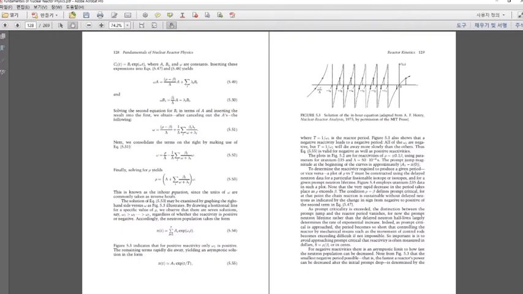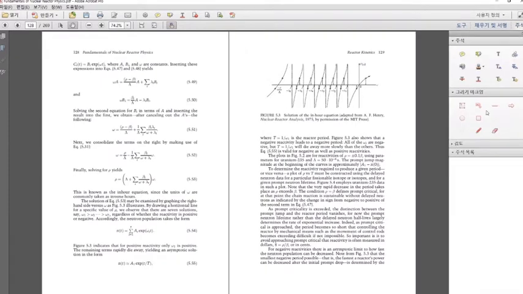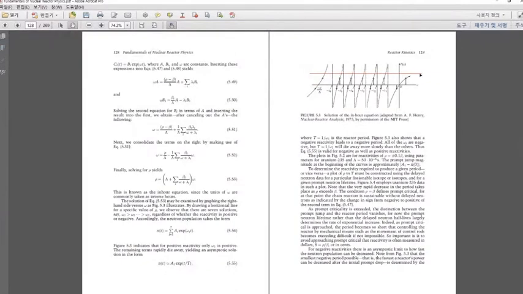So simply the right-hand side is drawn in this graph. So this is the line of omega versus rho, the reactivity. When reactivity is 0, then omega would be 0.